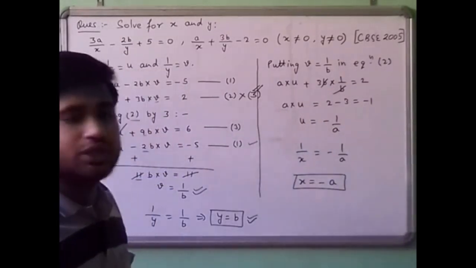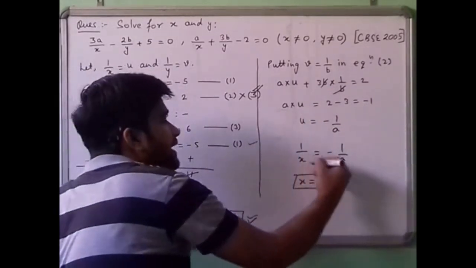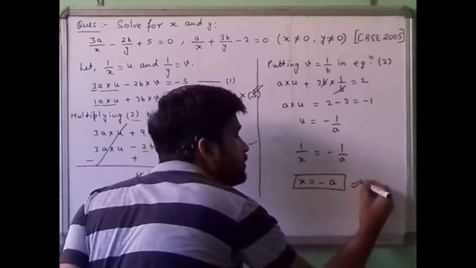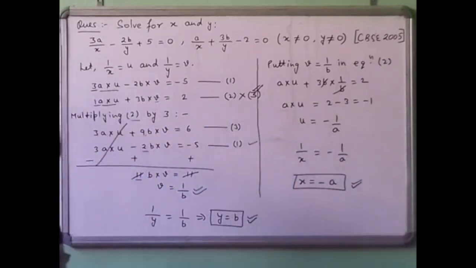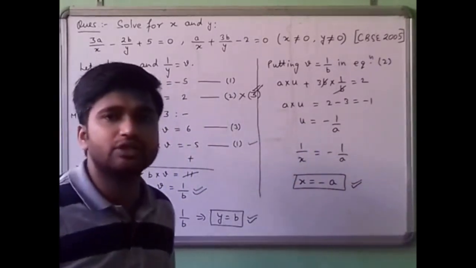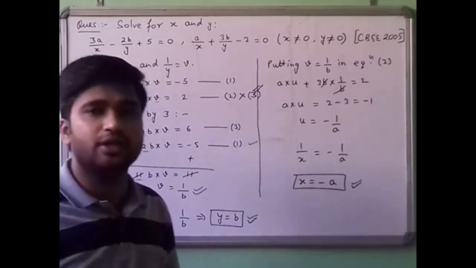Now putting u equal to 1 upon x, taking the reciprocal, x is equal to minus a. So the required solution is x equal to minus a and y equal to b.